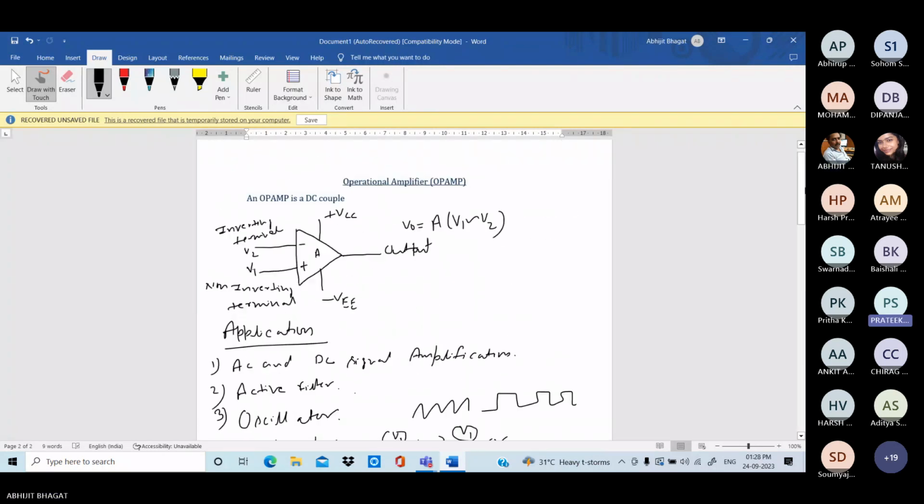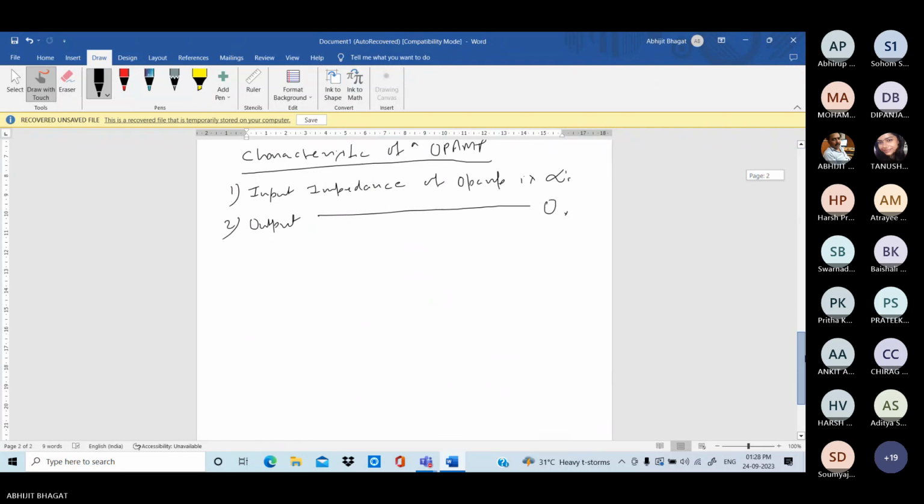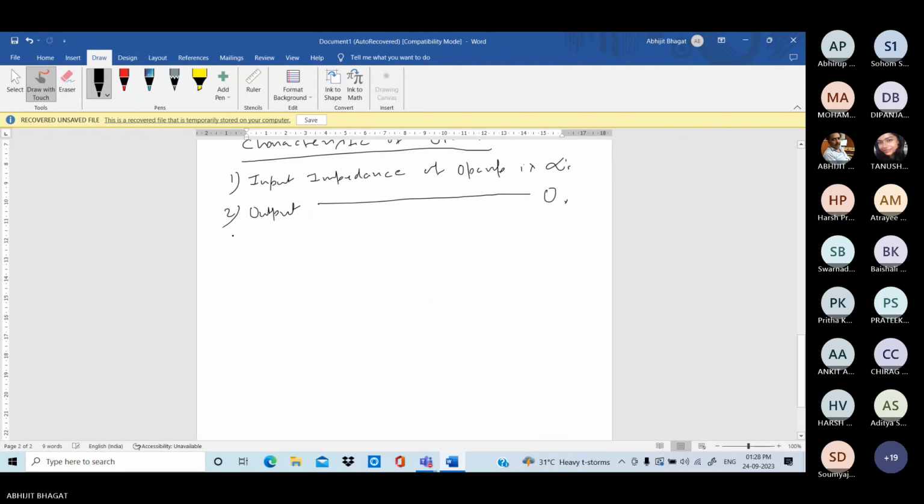Next is the gain of the OPAMP. For the ideal OPAMP, the gain is infinite.